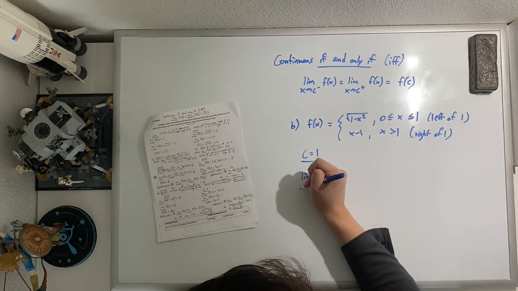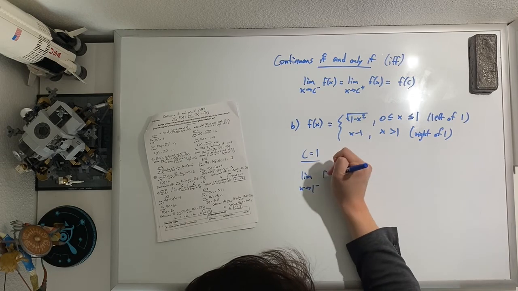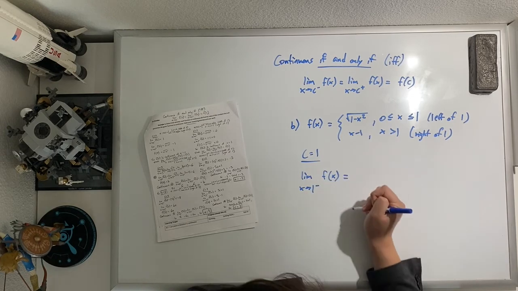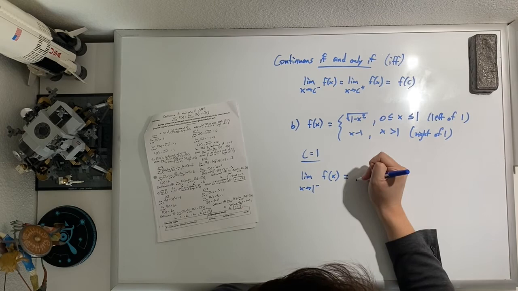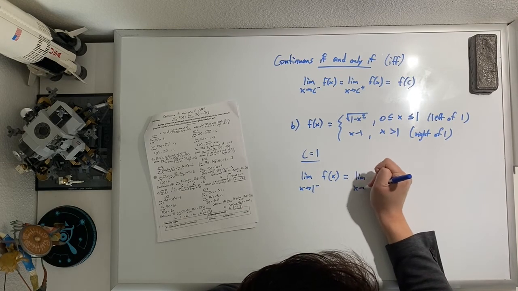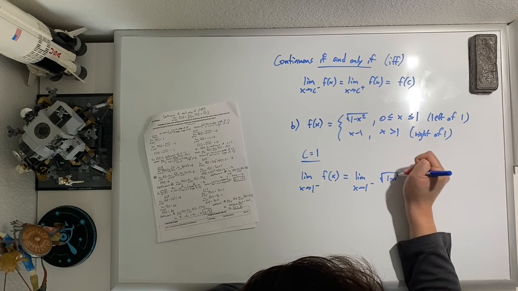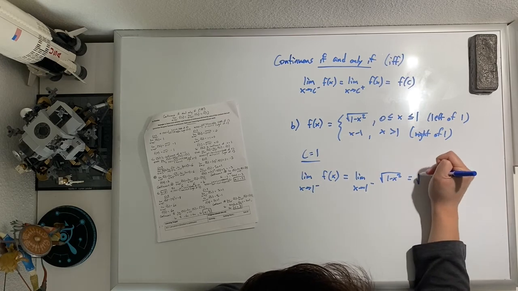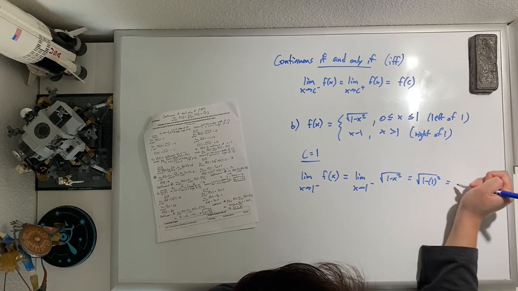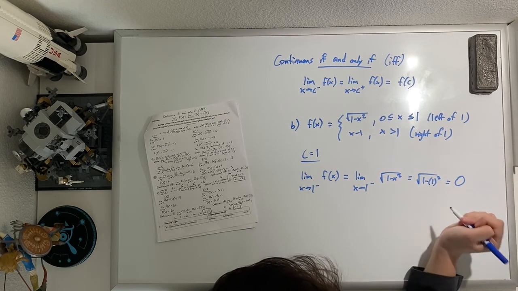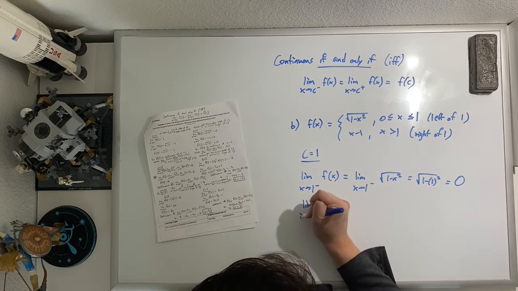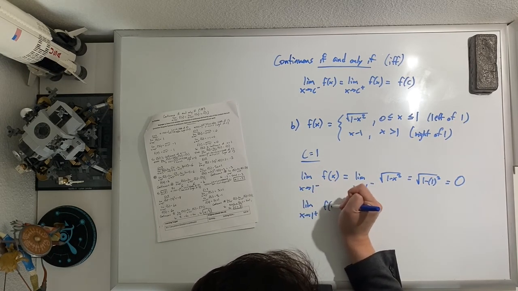Same steps. The limit as x approaches 1 from the left of f of x. That means we're plugging into the top piece. And we plug in 1 for x using our substitution, and we get the square root of 0, which is 0. Limit as x approaches 1 from the right of f of x.